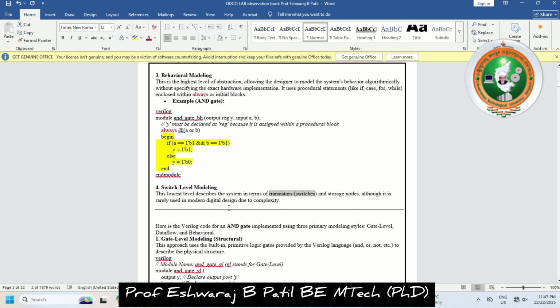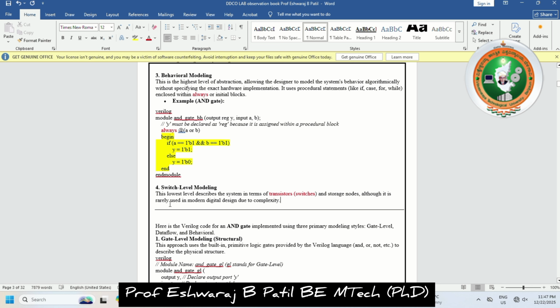Next is switch level modeling. What is switch level modeling? Here I am using transistor or switch level models. It is the lowest level of description, in terms of transistors or switches and storage nodes, although it is rarely used in modern digital design because of the complexity.